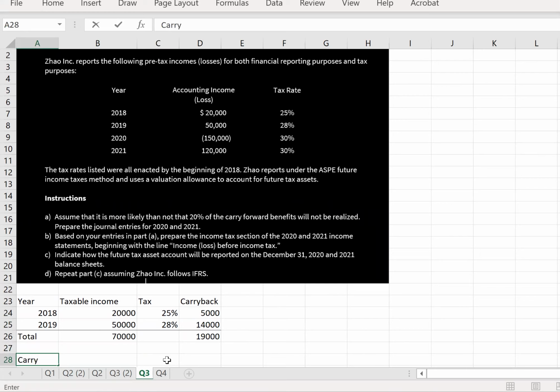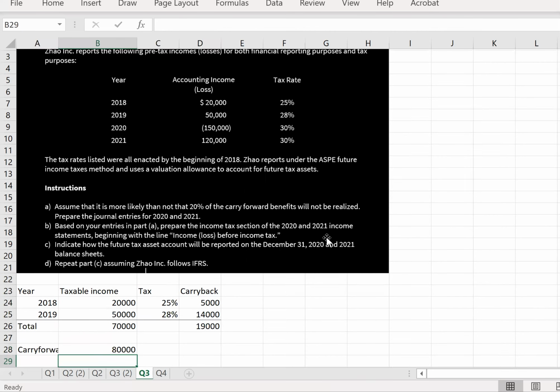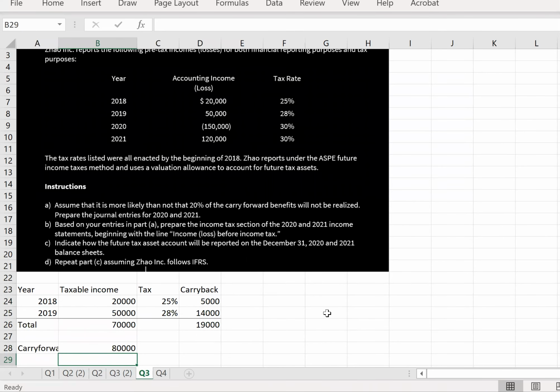So the carry forward is going to be 150,000 because that's our loss, minus what we've carried back. So we have an $80,000 carry forward of taxable income that we can offset in the future.